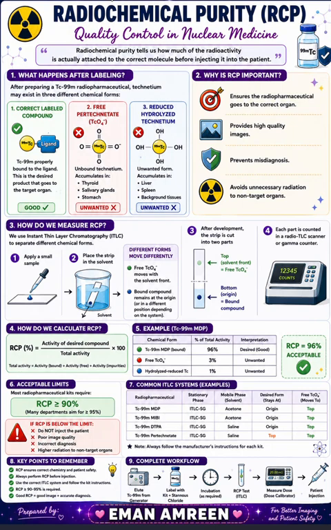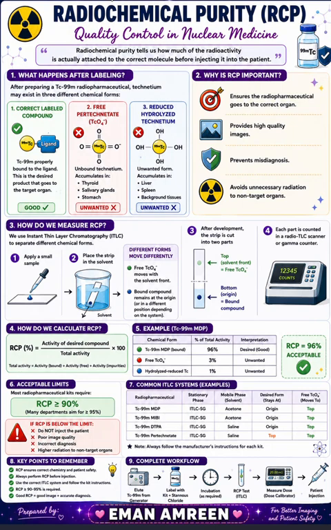The different chemical forms move differently on the strip. After development, we cut the strip into sections and measure the radioactivity in each part using a detector.